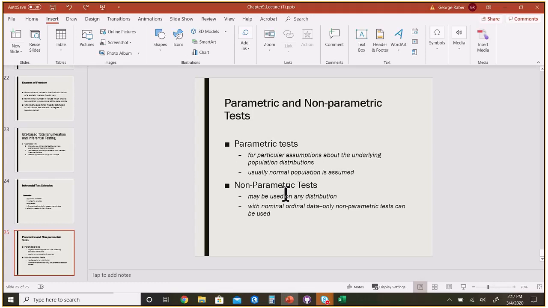So we'll talk about non-parametric tests in chapter 10, but they can't accept nominal data, but they can accept ordinal data. And so if it's not truly a number, but it still has an ordinal rank, you can use a non-parametric test. And also you can use it on any distribution.